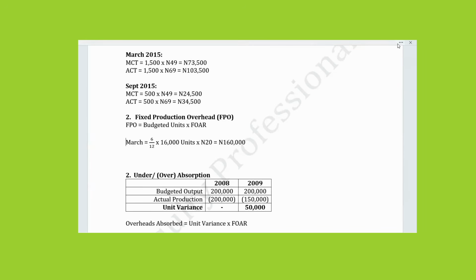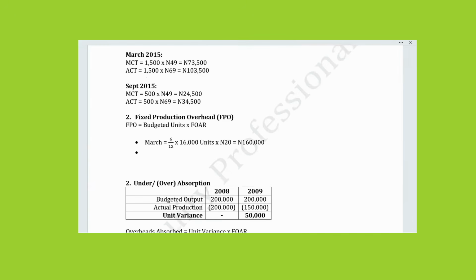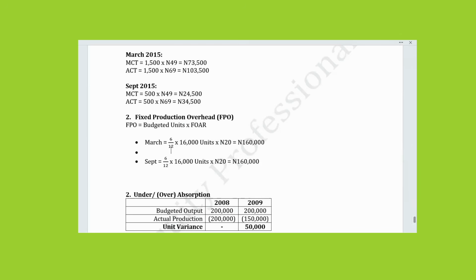Then we do for September once and for all. For September, it's the same thing, just repeat it. All right, that's it. It's not more than that. That's one of the things that the examiner has hidden in this question.